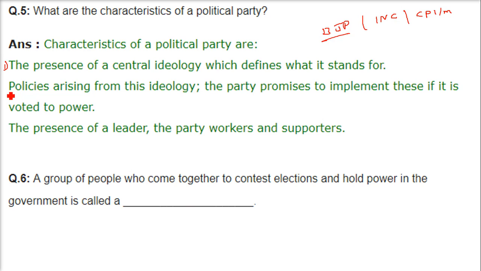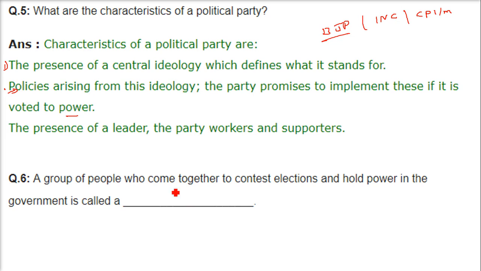Then the second one is policies arising from this ideology. The party promises to implement these if it is voted to power. That means whatever manifesto they have put in front of people, when they come to power, they must execute it. And then the presence of a leader, the party workers and the supporters.